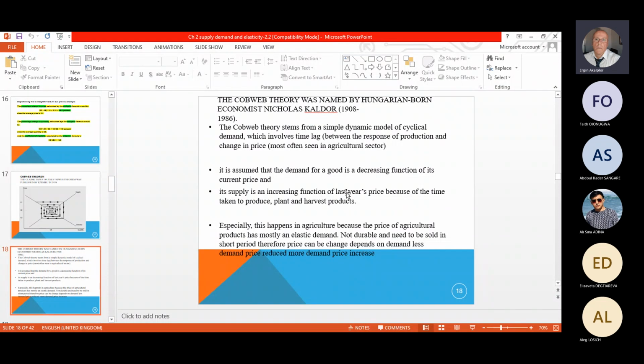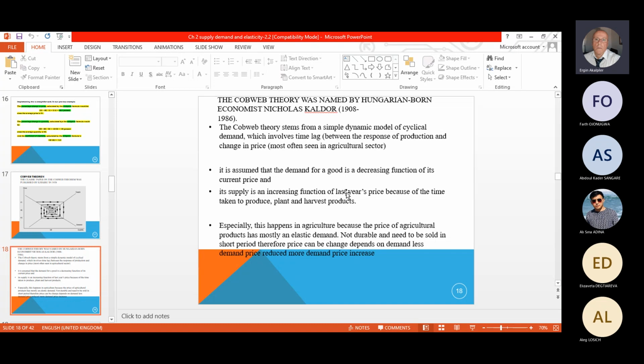In one period, if the supply is less, then in the next period the supply becomes enlarged, because the farmers and producers depend heavily on these speculative activities, increasing the amount of production in one period.